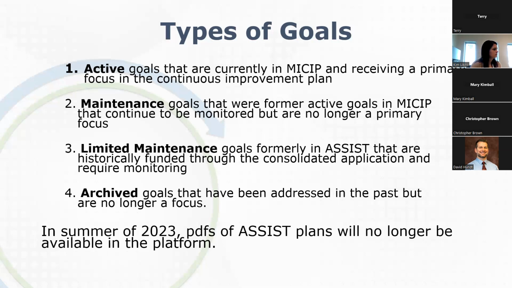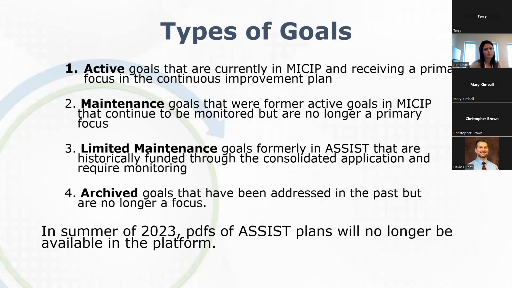Maintenance goals are perfect for that. The other thing maintenance goals can be is a continuation of funding of certain elements of your plan. Those are the two main reasons for maintenance.